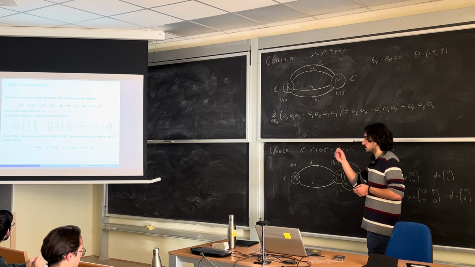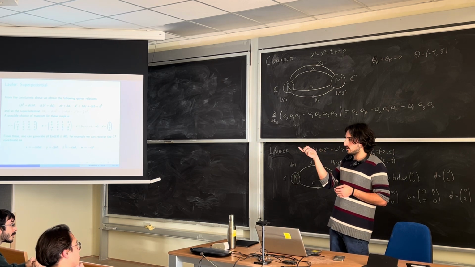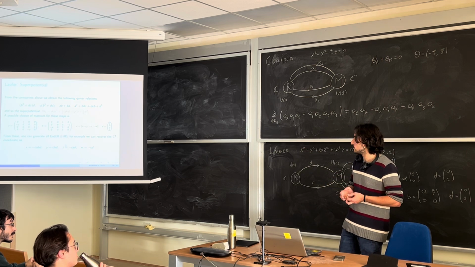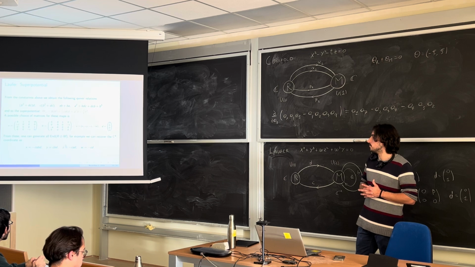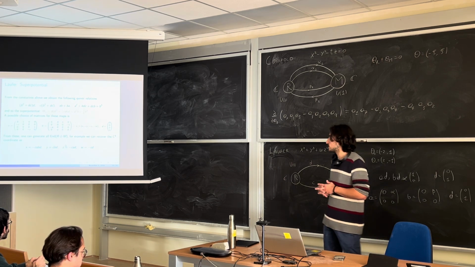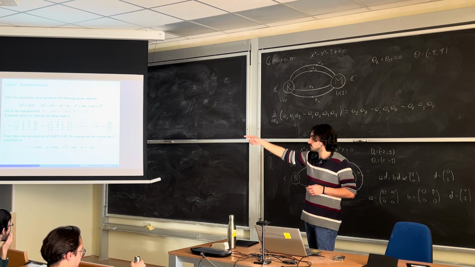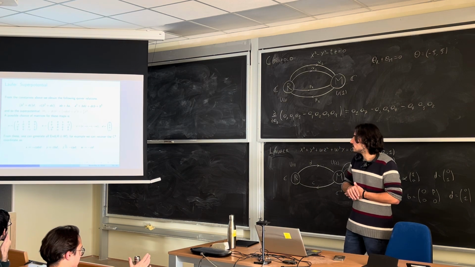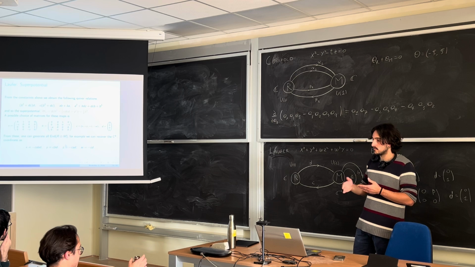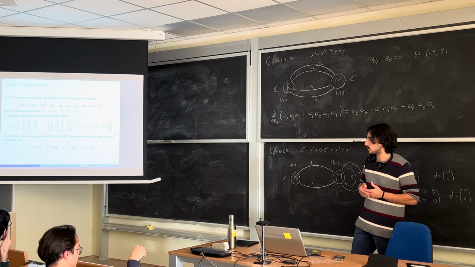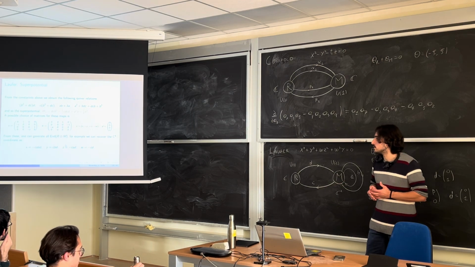The superpotential of the quiver gives explicitly the superpotential of the gauge theory. So in this case, for example, the superpotential in red would translate into the superpotential of the matter sector of the N=1 gauge theory.